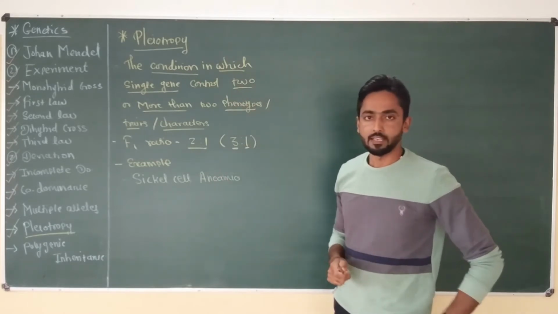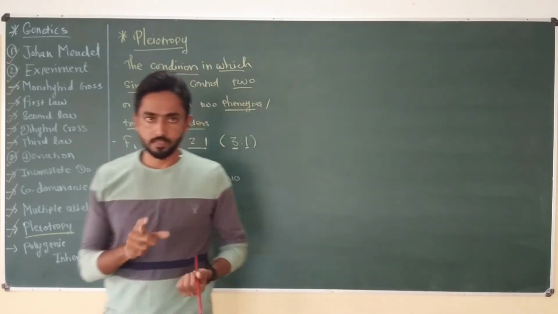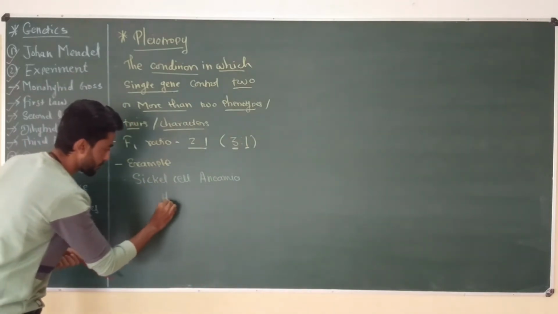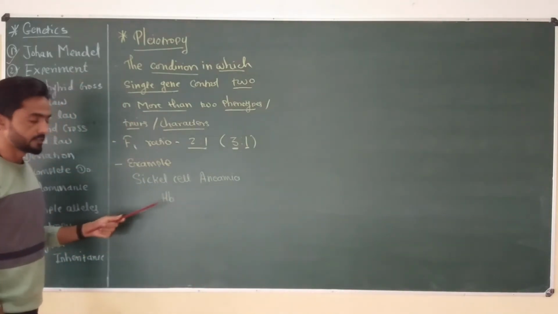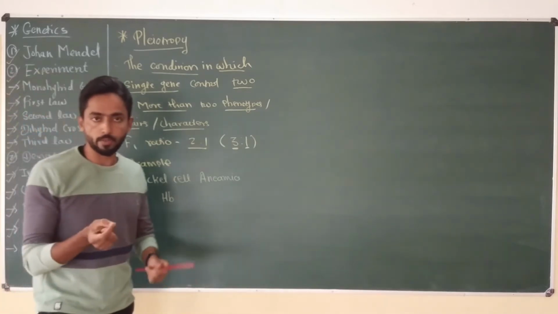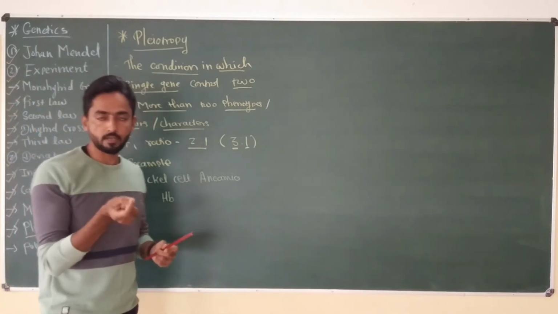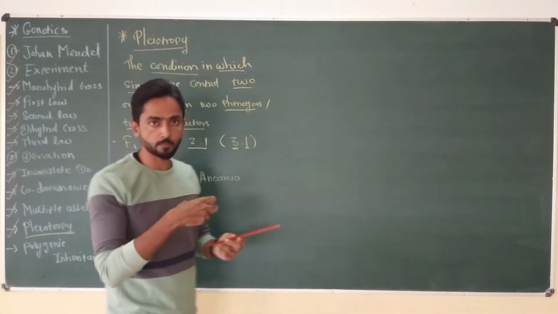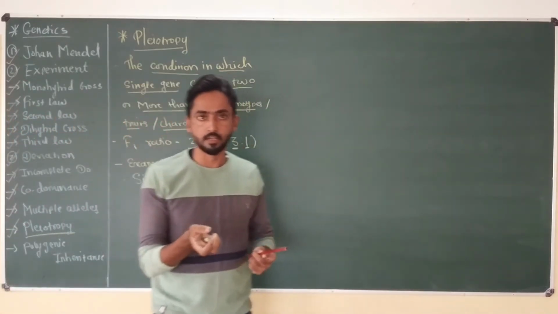This disease occurs due to presence of defective form of a gene, and the gene is HB. Okay, this gene is responsible for production of hemoglobin, which is the heme protein containing molecule, and this hemoglobin is responsible for transport of oxygen and carbon dioxide in the blood.